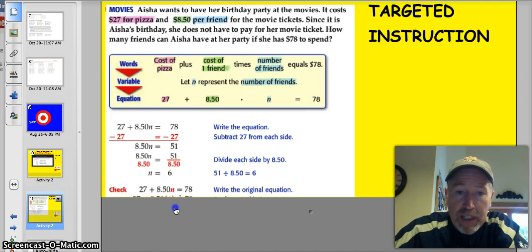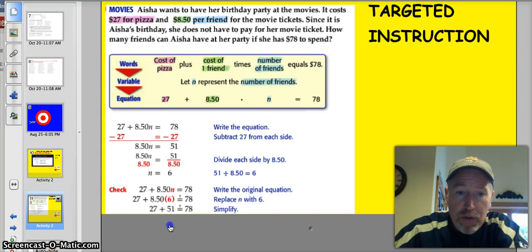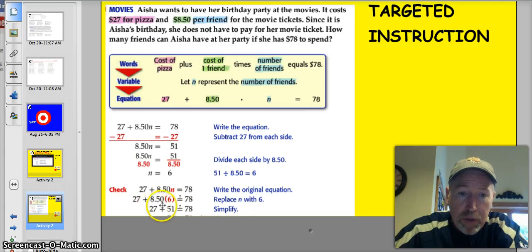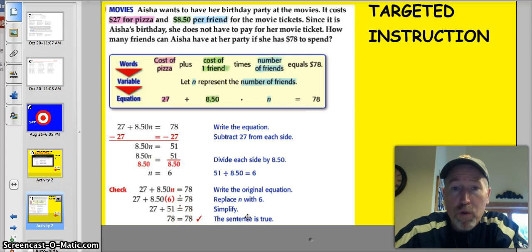Therefore, she can bring 6 friends. And look at this, it's right out of the book, by the way. See how they check it too? 27 plus $8.50 times 6. 27 plus 51, because that's what 8.50 times 6 equals, is 78. They checked to make sure it's true.